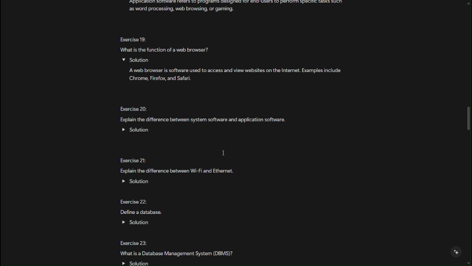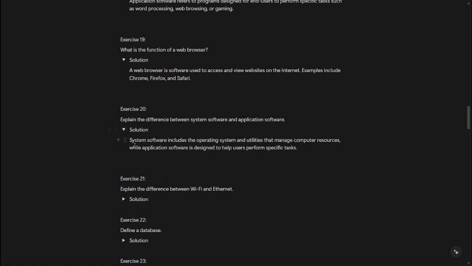But the application software includes the applications on the operating system, like Microsoft Word, Microsoft Excel, Microsoft PowerPoint. The system software includes the operating system and manages computer resources, while the application software is designed to help users perform specific tasks.